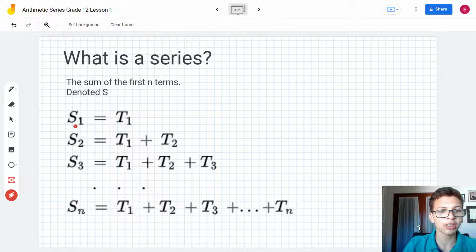For example, S1 equals T1 because S1 is just the first term. S2 equals T1 plus T2, which is the sum of the first two terms. S3 equals T1 plus T2 plus T3, and so on, and Sn equals T1 plus T2 plus T3 all the way up to Tn, so the sum of the first n terms.